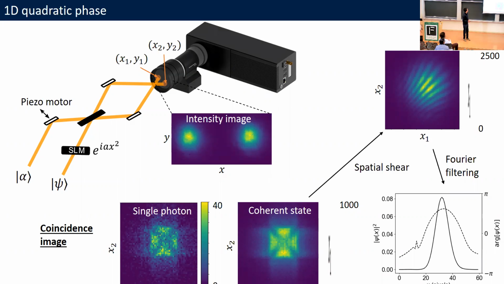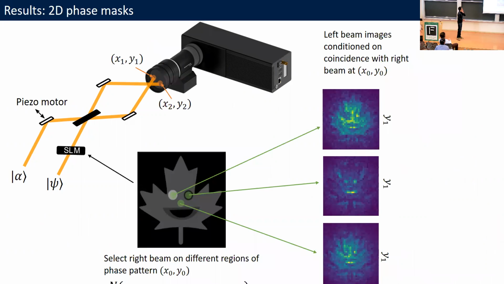Okay, so we can also do this for 2D phase masks, which is the image I showed on the first slide. This is a sort of whimsical picture that I chose for this conference, the maple leaf. Now we're measuring this 4-dimensional joint probability distribution, which is a little bit difficult to wrap your head around.